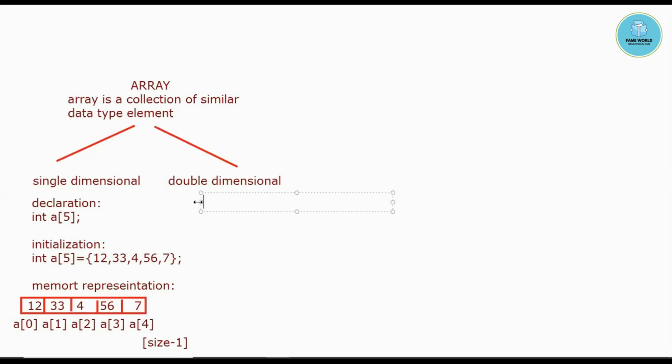Now when we are talking about a double dimensional array, they are basically the matrix. A matrix is basically the combination of rows and columns. Like this could be a matrix, and there are rows.